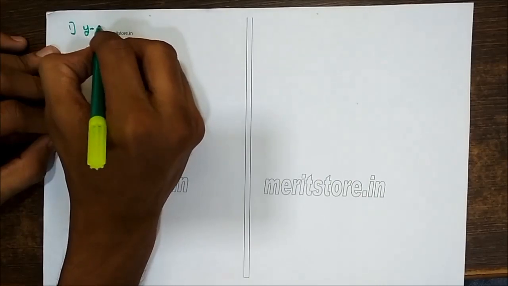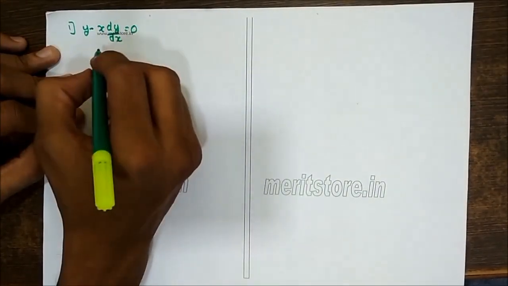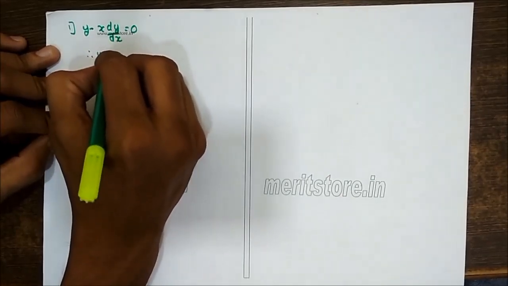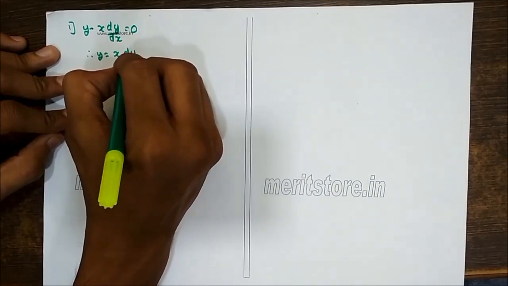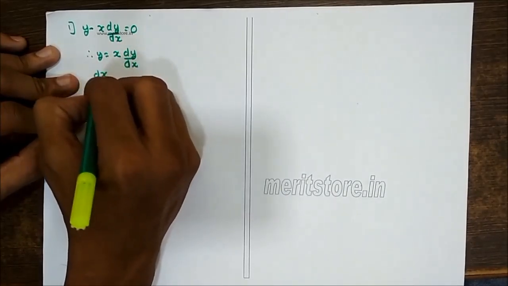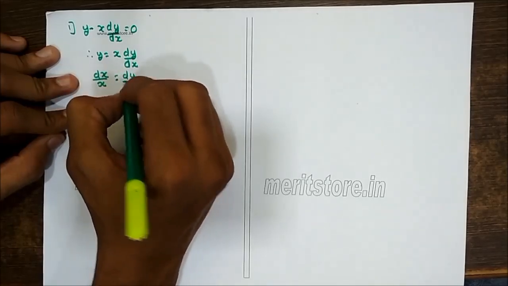y minus x dy by dx is equal to 0. Therefore, y is equal to x dy by dx, so dx upon x is equal to dy upon y.